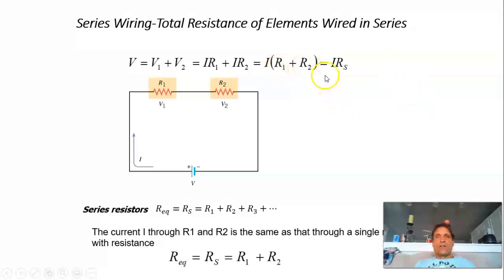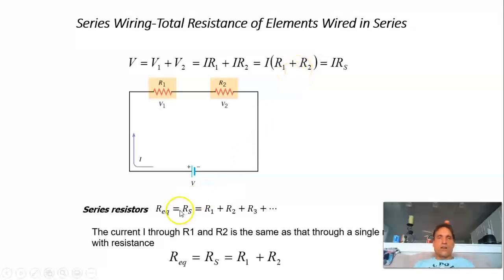In other words, these two resistors, when you combine them in series, behave the same as if I just had a single resistor of value R1 plus R2 in the circuit. So we can model these series resistors as a circuit with a single resistance, R1 plus R2.